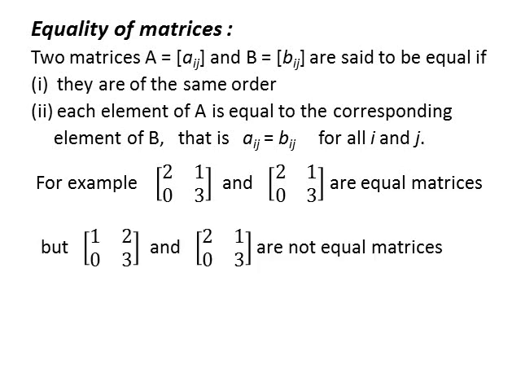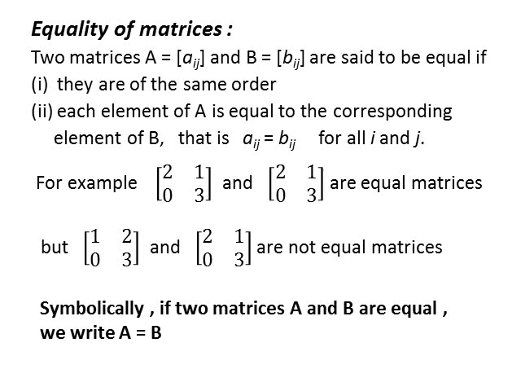In this example, order of matrices are same, but their corresponding elements are not equal. So these two matrices are not equal. Symbolically, if two matrices A and B are equal, we write A equals B. Generally, equality of matrices we use to find unknown values.